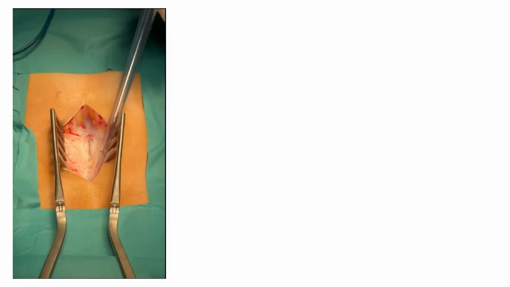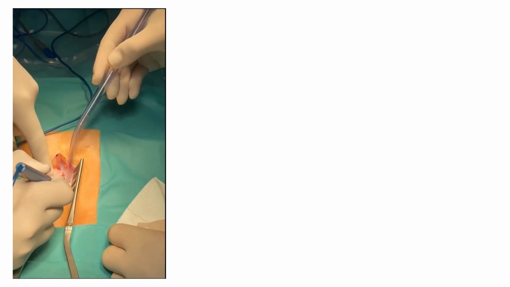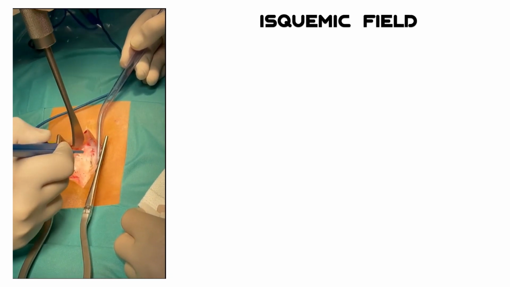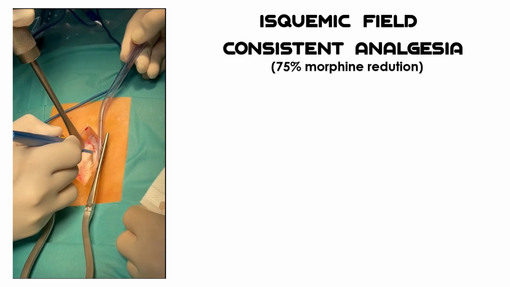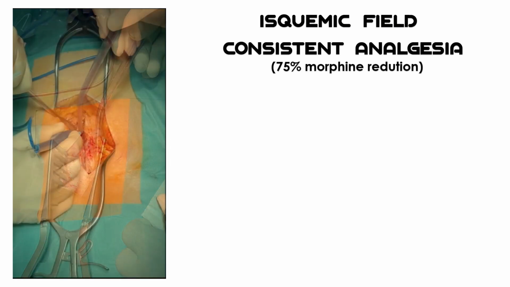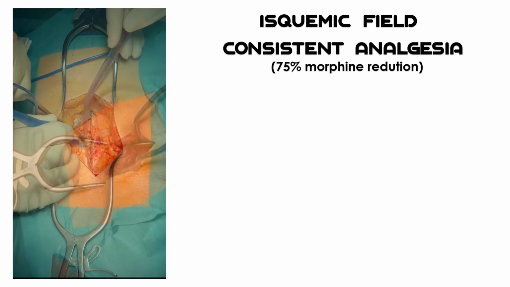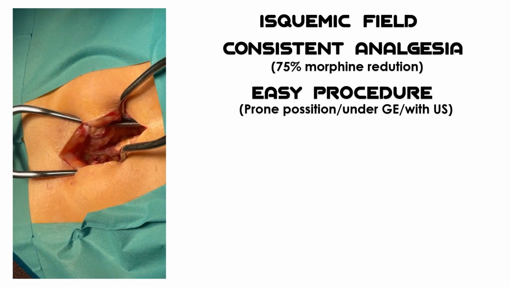In this video, you can observe our results in spine surgery. An ischemic field over the surgical area is obtained. Good analgesic result with reduction of 75% morphine consumption during and after surgery.